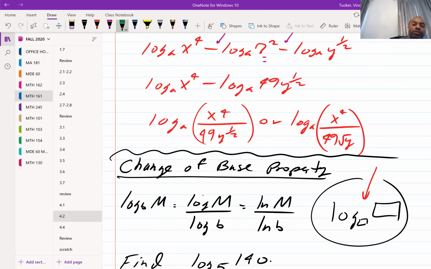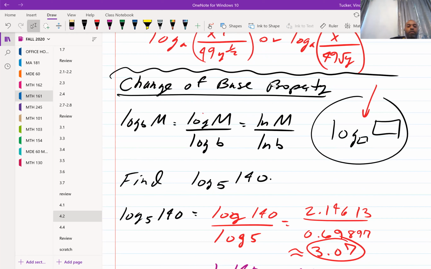So if you decide to use the common log, just remember that your base goes down here and this number is on top in the numerator. And the same thing with the natural log, your base goes down bottom and the number that was being applied by the log goes up top, and you'll get the same answer.